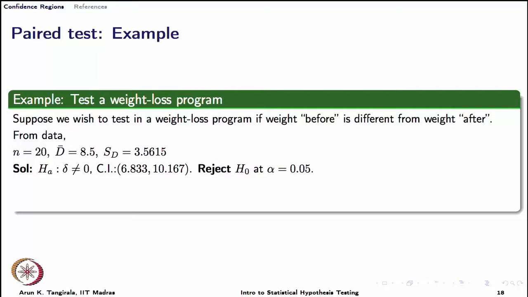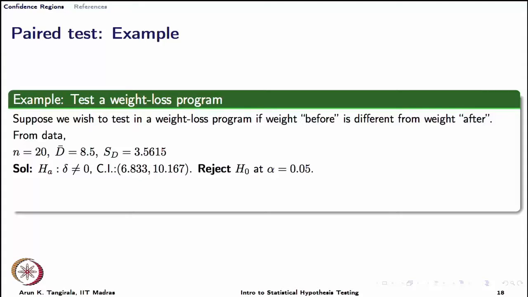We wanted to see if there is a difference between the weights in a weight loss program, and the confidence region is reported here using the formula that I have given in equation 7, and the postulated difference is 0. That means there is no difference between the weight before and after, but the confidence interval does not contain that, and therefore we reject the null hypothesis and conclude that 0 is not a possible truth.